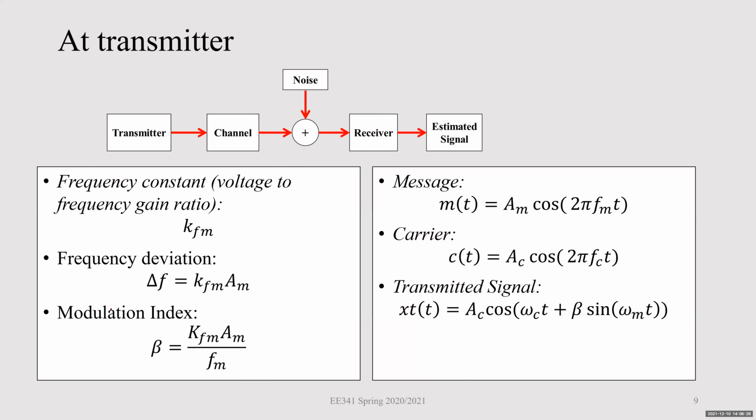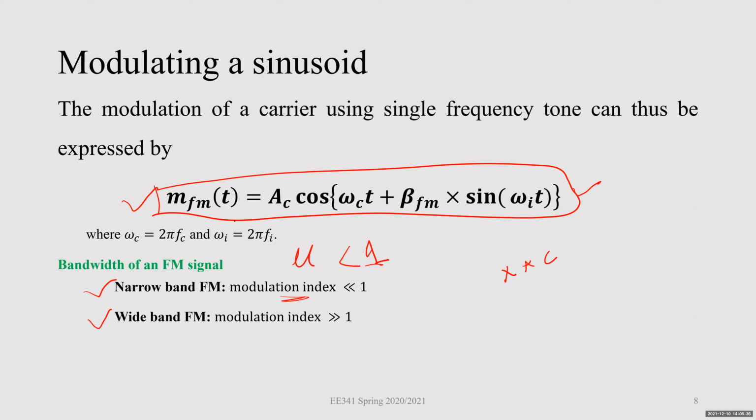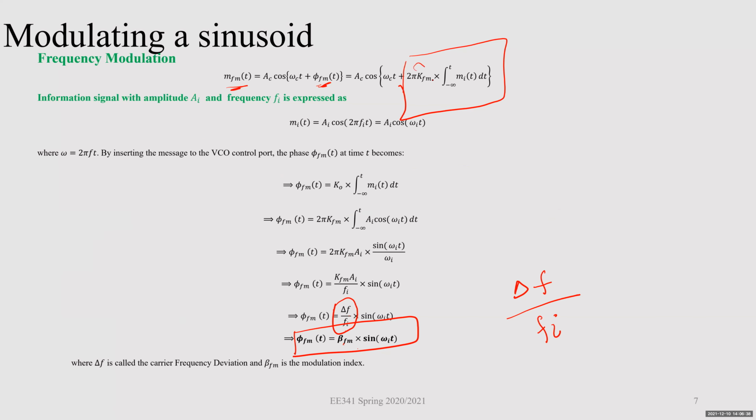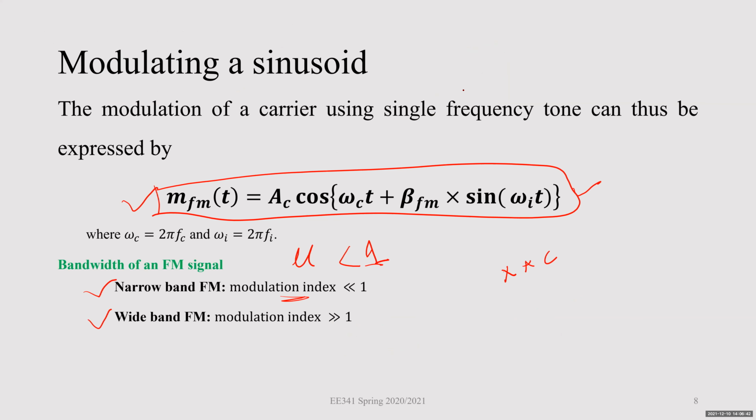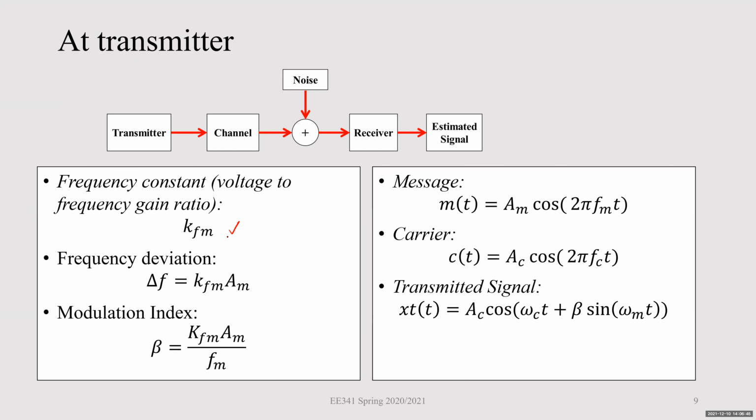Okay, so at the transmitter we have kf, which I told you here, that phi is equal to 2 pi kf times the integral.